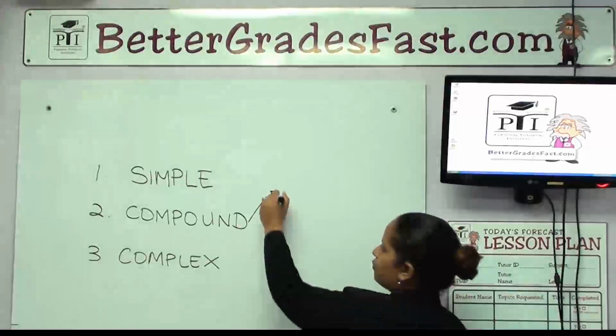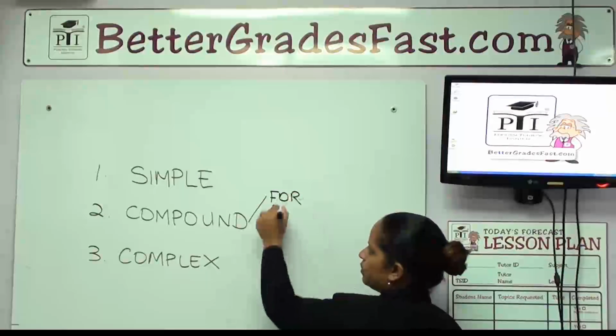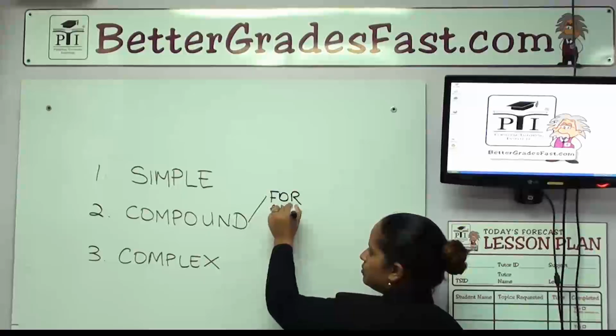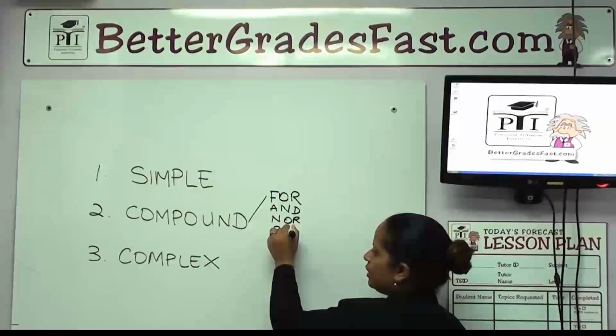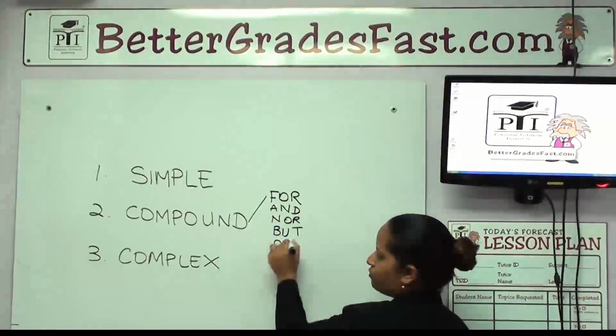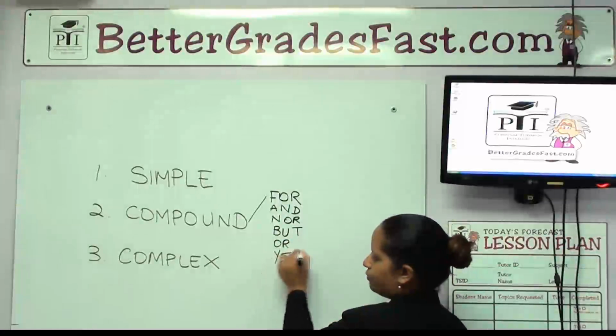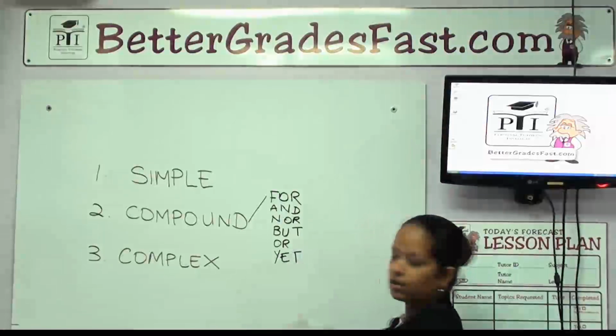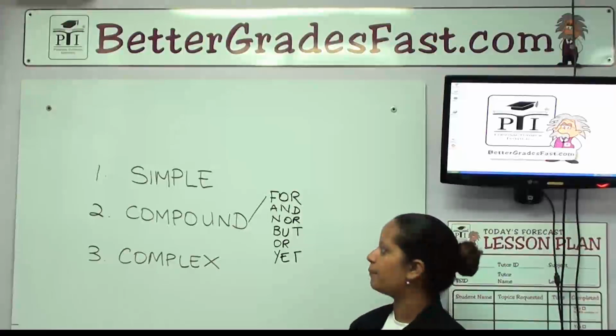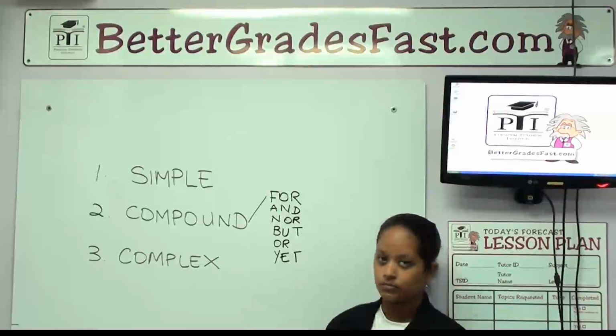F meaning for, A for and, N for nor, B for but, O for or, and Y for yet. These are the most commonly used conjunctions for compound sentences.